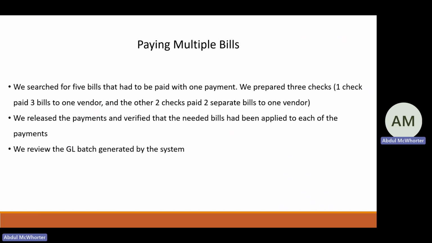One check for Jarco paid 3 bills to one vendor, and the other 2 checks paid 2 separate bills to the remaining vendor, in this case Front Source. We released the payments and verified that the needed bills had been applied to each of the payments. And then lastly, we reviewed the general ledger batch generated by the system for all of the separate checks.